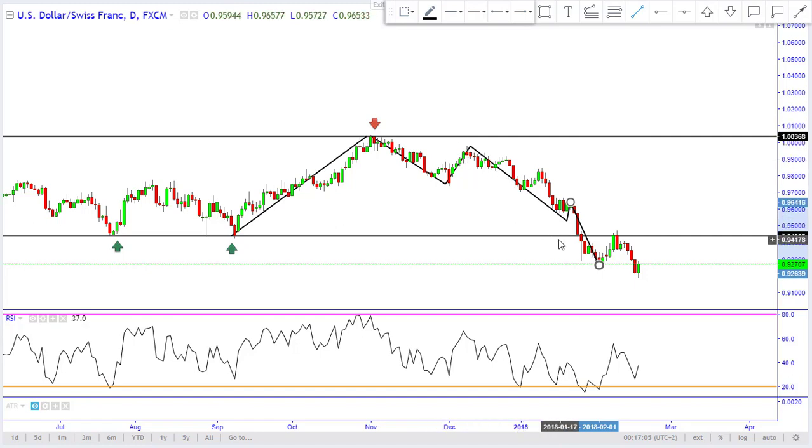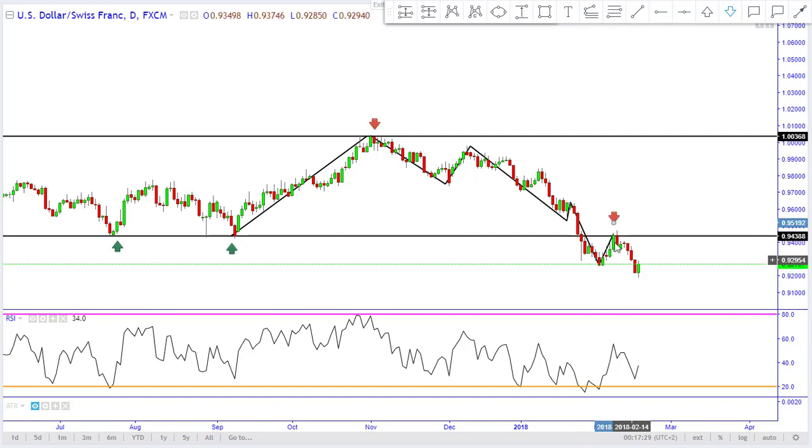In this case, we have a break below, close below our support levels. That would give me an indication that I want to set myself up for a trend continuation trade on the downside. So as price broke below these levels of structure, it gave us a resistance level right here.